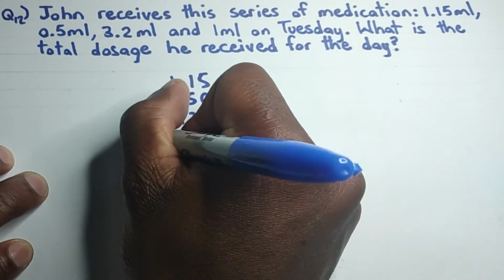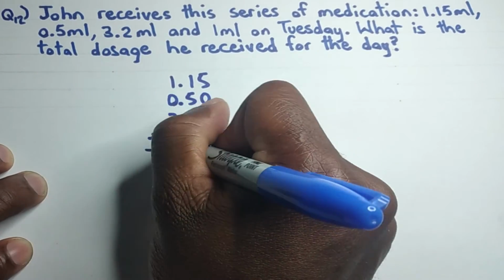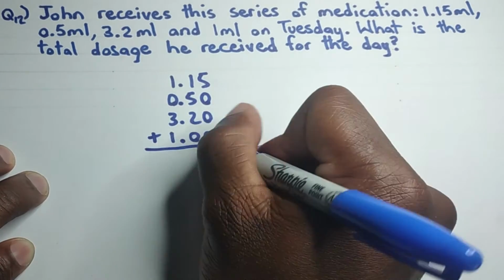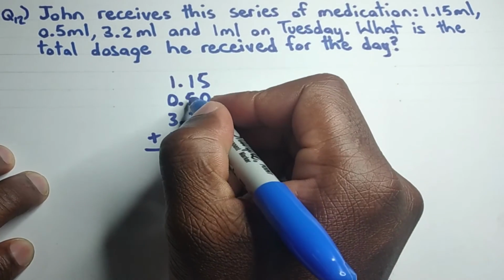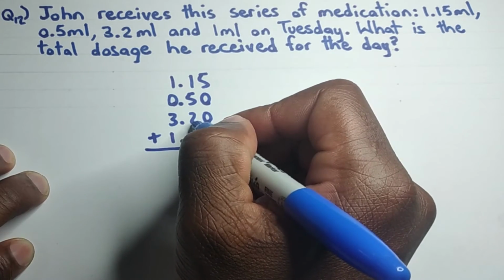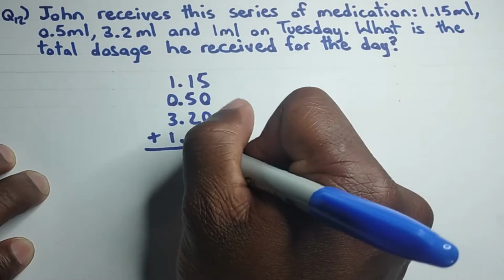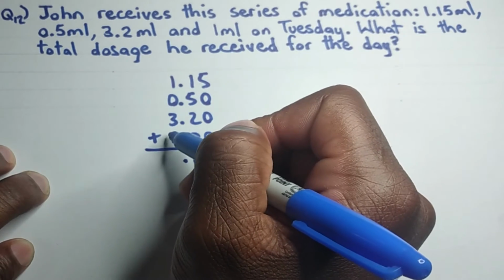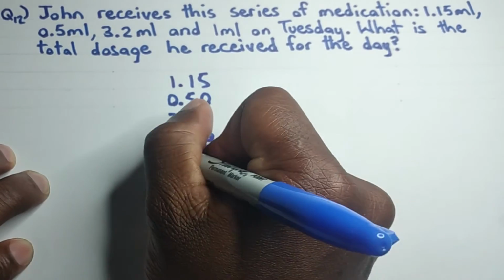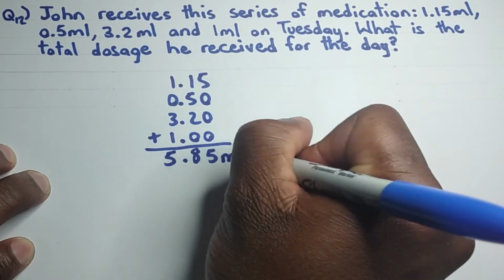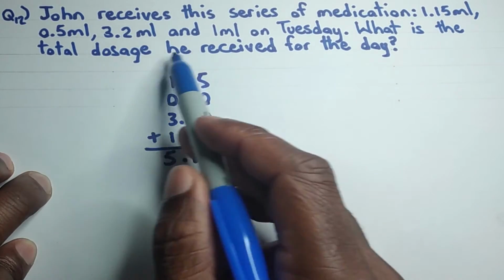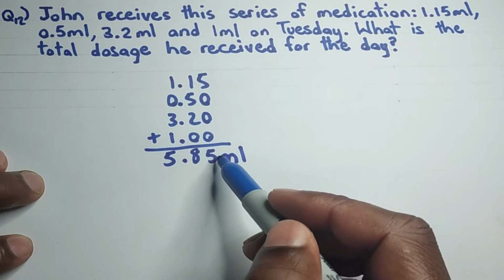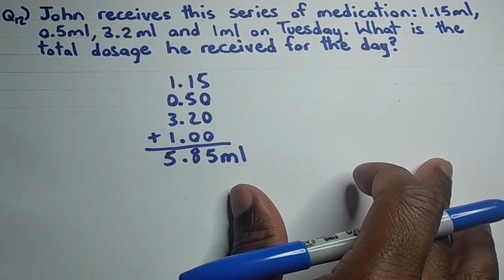Now we can add all these numbers. 5 plus 0 plus 0 plus 0, that's 5. 1 plus 5, that's 6. Plus 2, that's 8. Plus 0, that's still 8. 0.1 plus 3, that's 4. Plus 1, that's 5. So the total dosage he received for the day would have been 5.85 milliliters of medication.